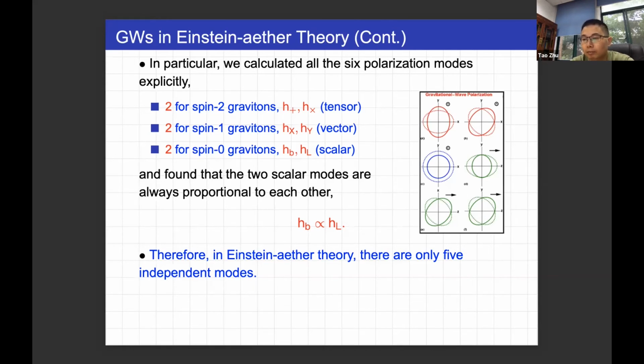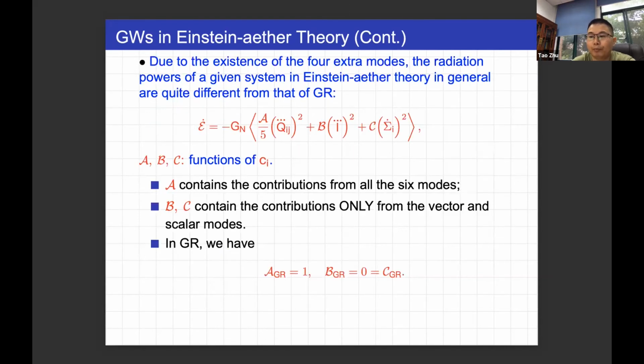Actually, this is not a surprise, since the Einstein ether server can only have 5 degrees of freedom, this implies it can only have 5 independent modes. Because of the presence of the 4 additional polarization modes, the radiation powers of a given system in Einstein ether server in general are quite different from that of GR.